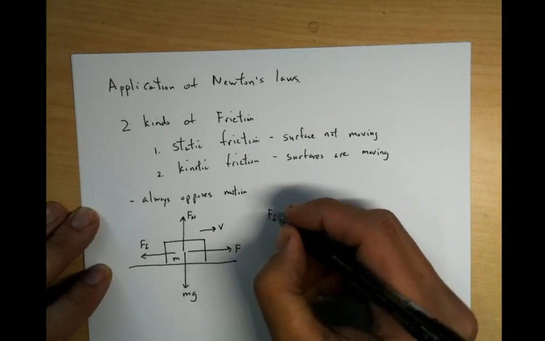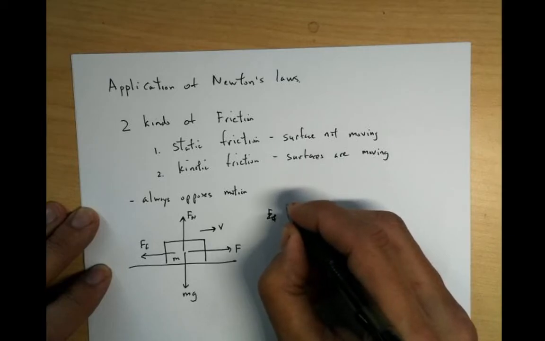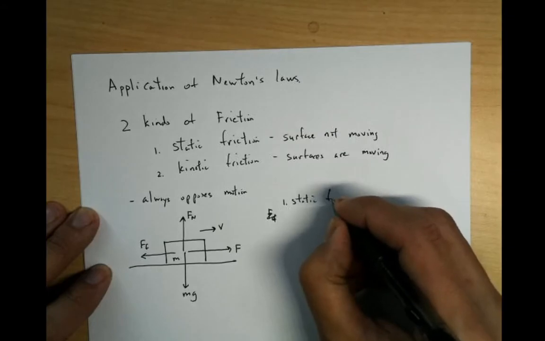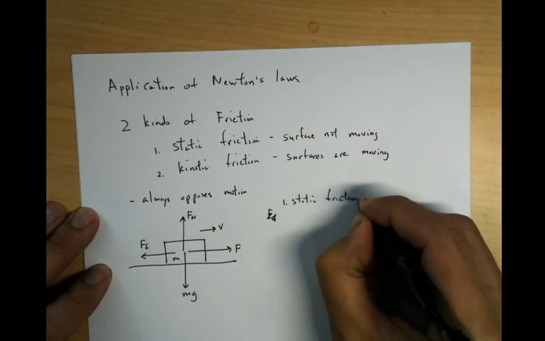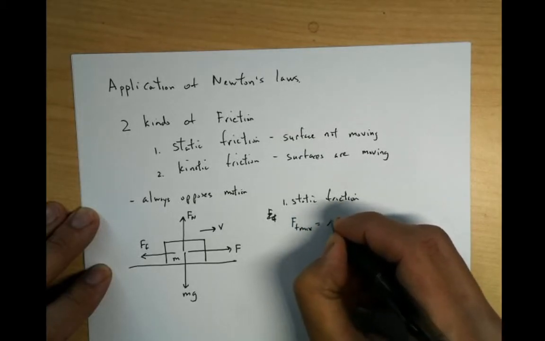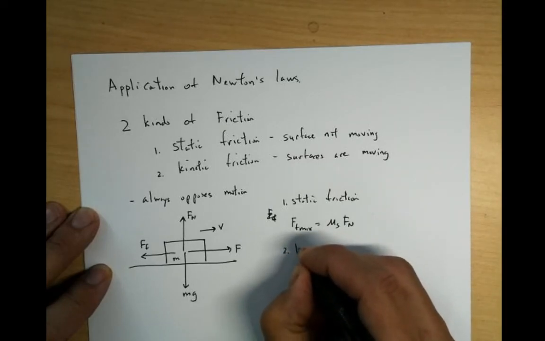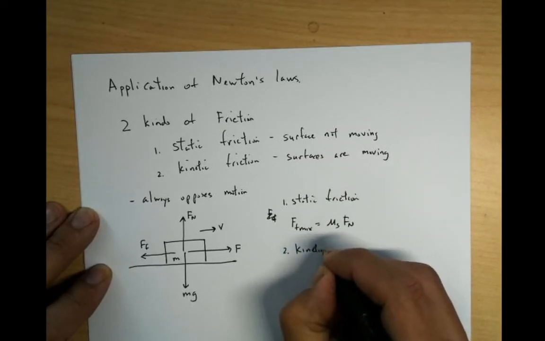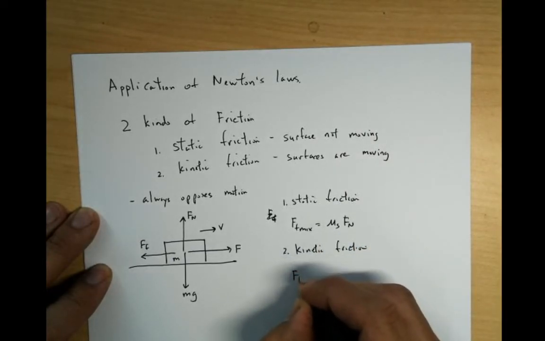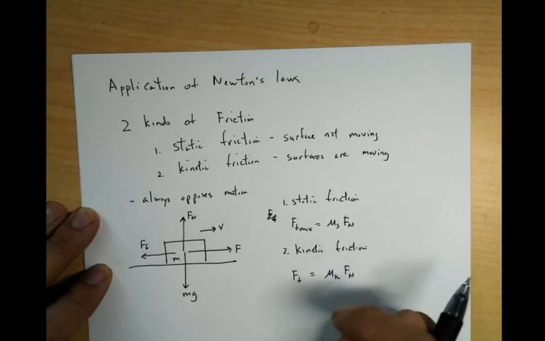So let's write down the two possibilities. For static friction, the force of friction, the maximum, is equal to mu sub s F_n. And for kinetic friction, the force of friction is equal to mu sub k F_n.